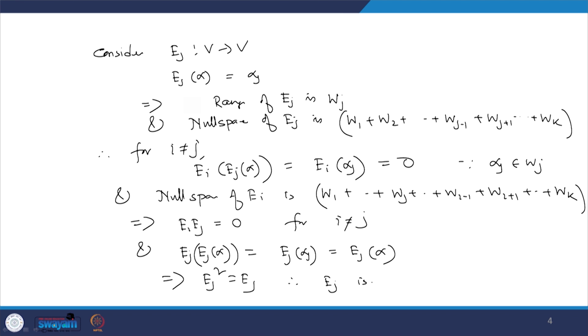Ej is a projection operator of the vector space V, and the range of Ej is Wj.